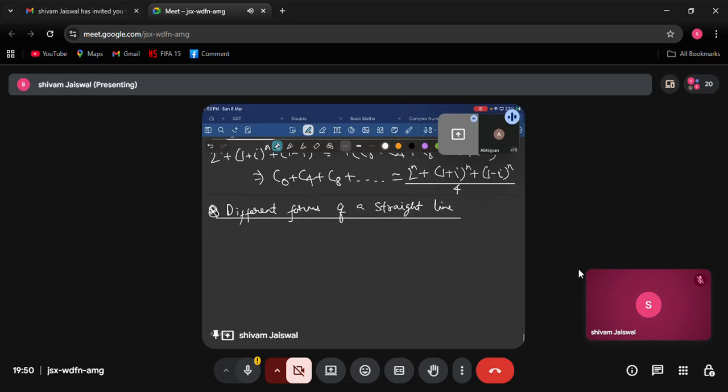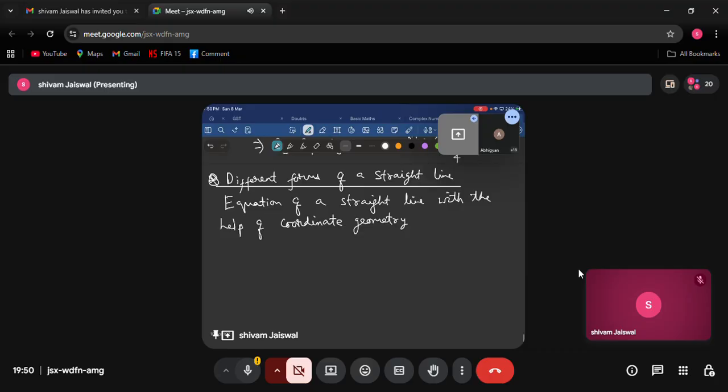Okay, so everyone, equation of a straight line with the help of coordinate geometry. Okay, how can we write it? So you people remember what is the equation of a straight line?